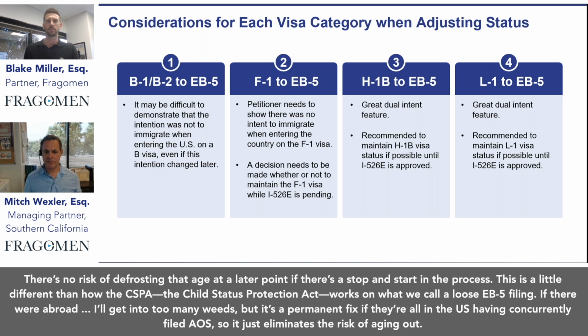There's no risk of defrosting that age at a later point if there's a stop and start in the process. This is a little different than how the CSPA, the Child Status Protection Act, works on what we call a loose EB-5 filing. If they're abroad, I won't get into too many weeds, but it's a permanent fix if they're all in the U.S. having concurrently filed AOS. So it just eliminates the risk of aging out.